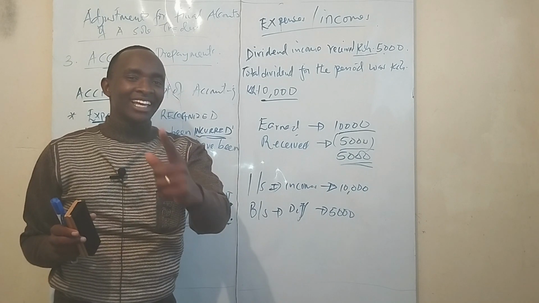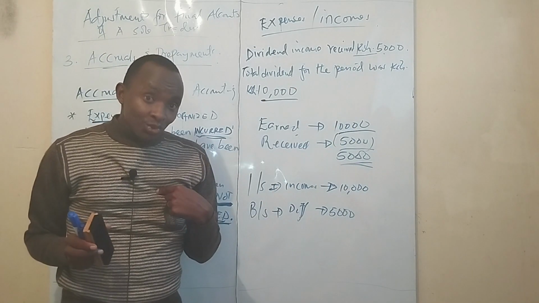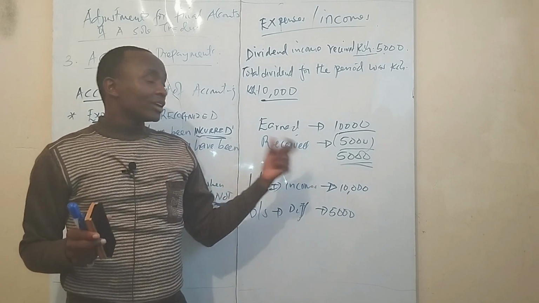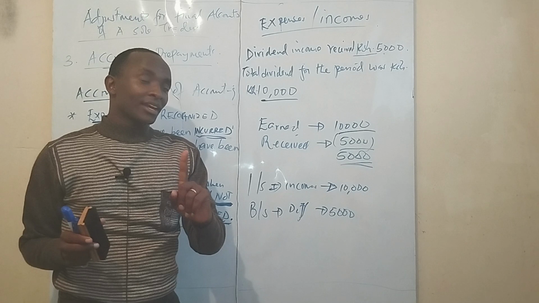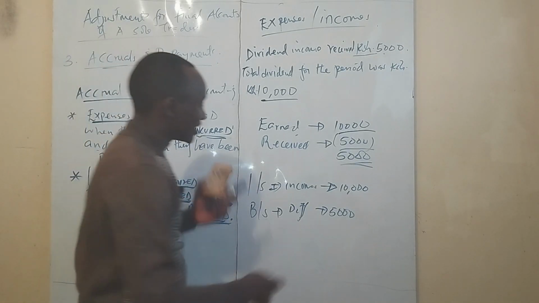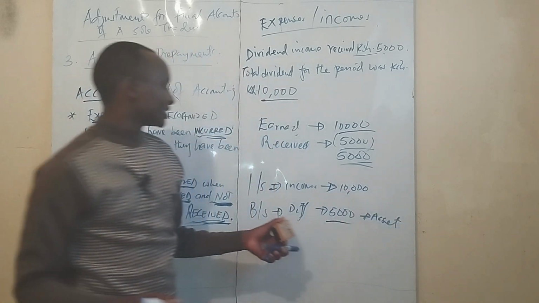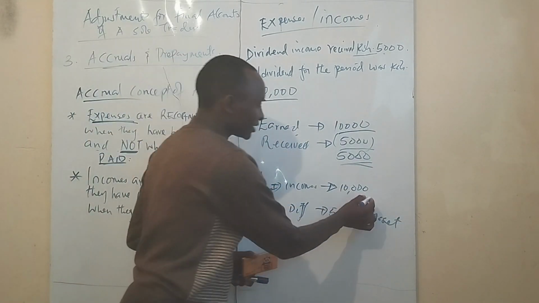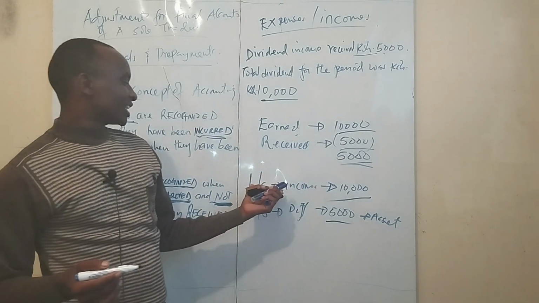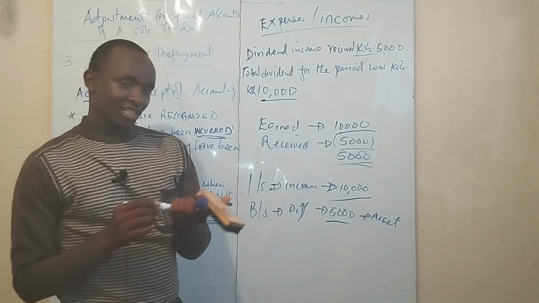In Kiswahili we say kitu yangu. So this 5,000 is kitu yetu or kitu yangu. That's why we are calling it an asset. Kitu yangu is an asset, right? So this 5,000 is going to be treated as an asset in the balance sheet, or the statement of financial position. And the 10,000 is what is going to be recognized as income in the income statement.